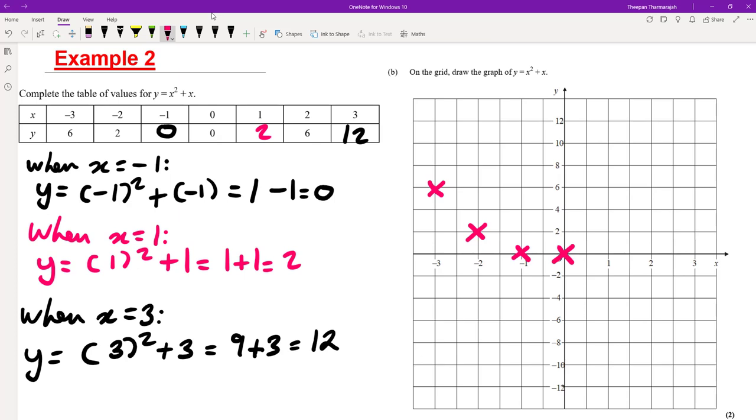Then we're going to get 1 and 2. Then we're going to get 2 and 6. Then we're going to get 3 and 12. Now we can draw our curve, and remember, it needs to be a smooth curve. And don't forget to label your graph.